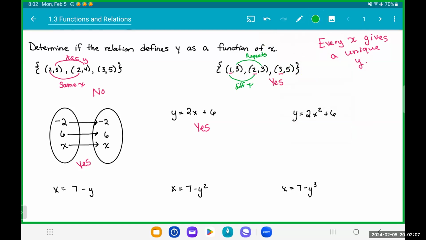It's okay. It's still a function. We'll learn later about what's called a one-to-one function, and that means every x has to have a unique y, and every y has to come from a unique x. But that's a special type of function. When we're talking about functions in general, every x has a unique y. Okay?